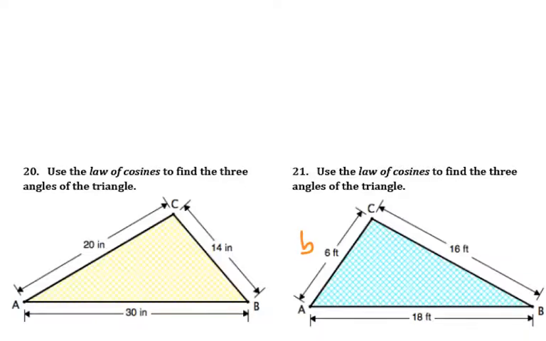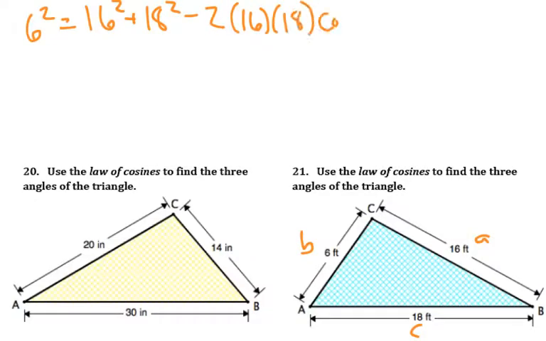So that's B, so I'd go B squared, 6 squared equals, that would be C and A squared, 16 squared, plus C squared, 18 squared, minus 2 times A times C times the cosine of angle B. So once again, 6 squared is 36, 16 squared plus 18 squared, because I can combine those two, is 580, minus 2 times 16 times 18, which is 576, cosine of B.